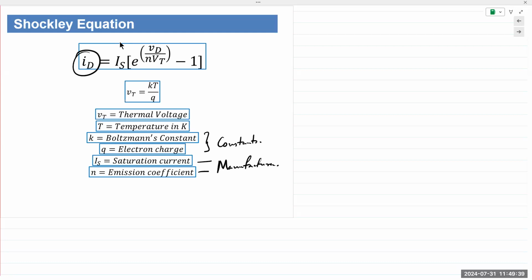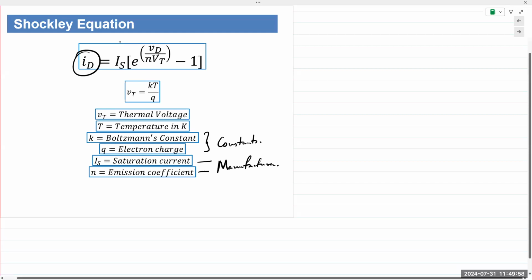You can use a diode circuit as a digital thermometer because the diode voltage or the diode current has a very linear relationship to the temperature. There was a question. Yes, VT right here, this VT is given by this equation, which is the thermal voltage, and that has a very linear relationship with temperature.